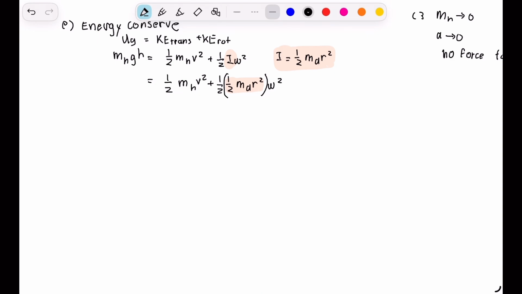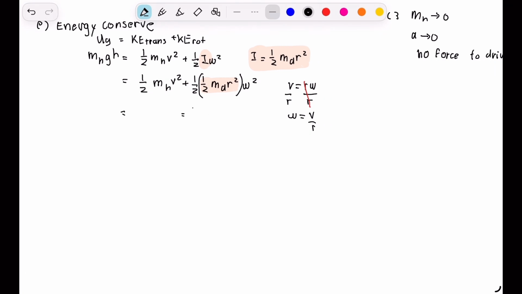Now we can relate our V and omega when you have rolling or rotational motion. V is equal to R times omega. We can divide both sides by R, and you can see that omega is equal to V over R. So here we have an expression for omega. We have plus 1/2 times 1/2 mass of the disk times radius squared times V over R squared.